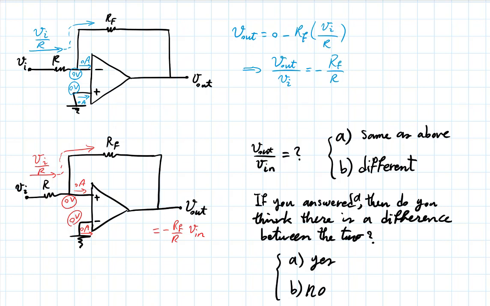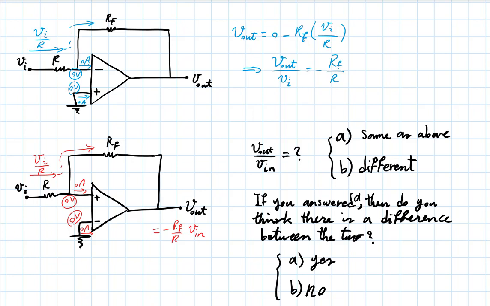Well, let me ask you the question in another way. Let me repeat the assumptions. I said we have infinite input resistance. That's a feature of the ideal op-amp, right? 0 current going in. And any current at the output, again, ideal op-amp, no problem. The ideal op-amp also has an open loop gain of infinity. That's also its feature. I'm not questioning that.